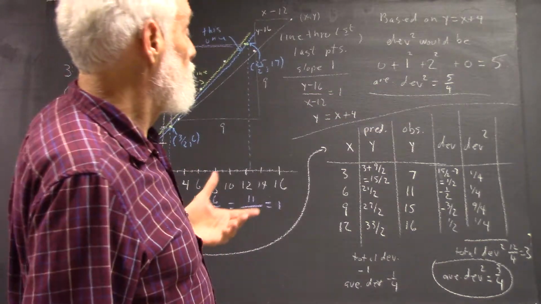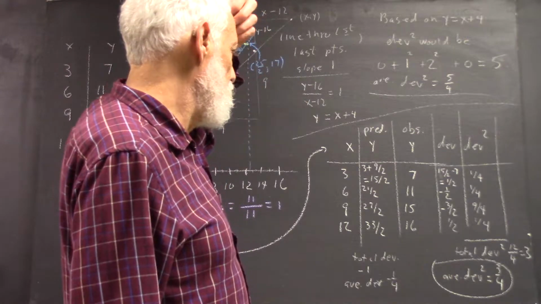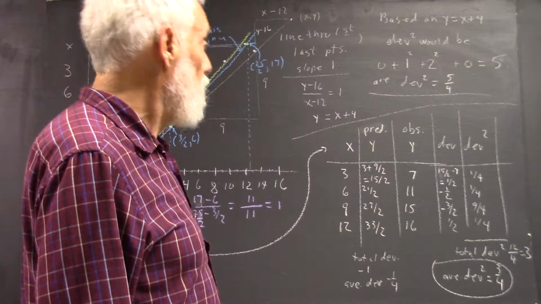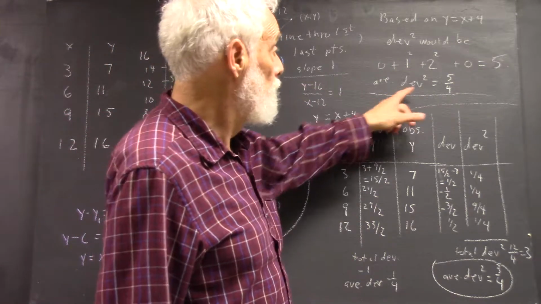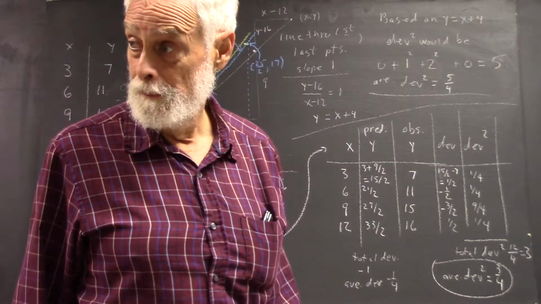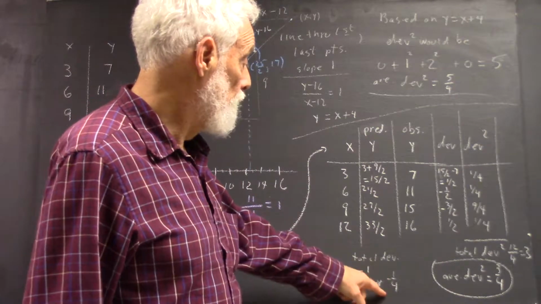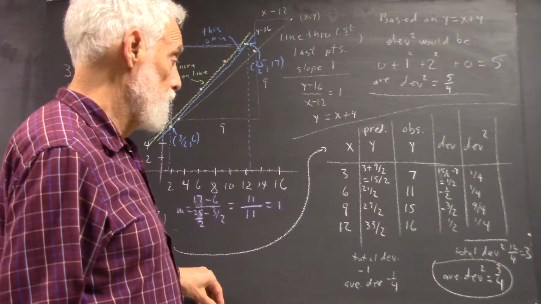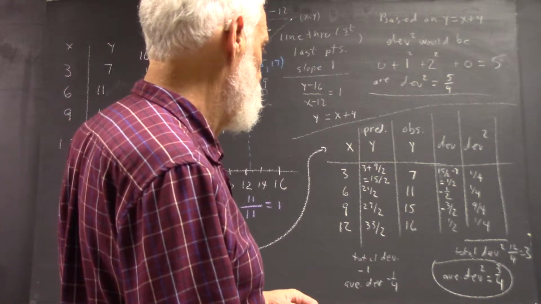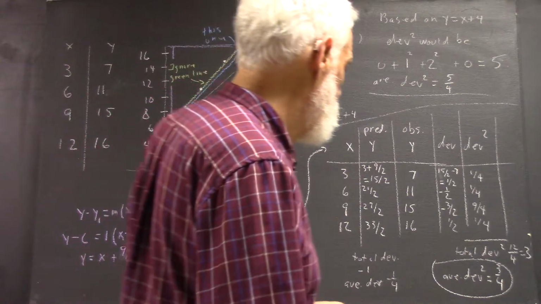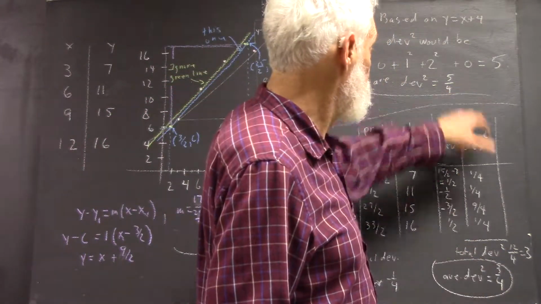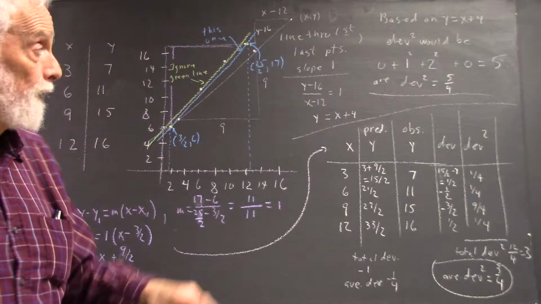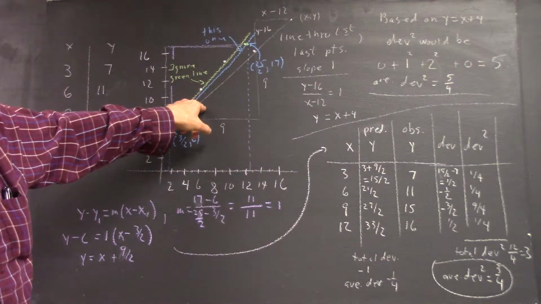And it's also an improvement, well, interestingly, no, our average deviation would be 3 fourths, our average squared deviation 5 fourths here, compared to average deviation of negative 1 fourth here, and squared deviation 3 fourths. So we have a significant improvement in the average of the squared deviations, which means that this line is better than this one.